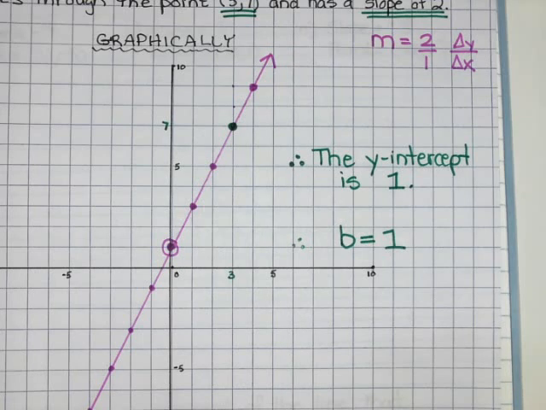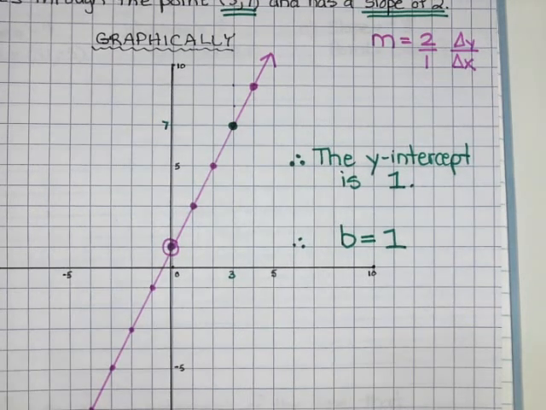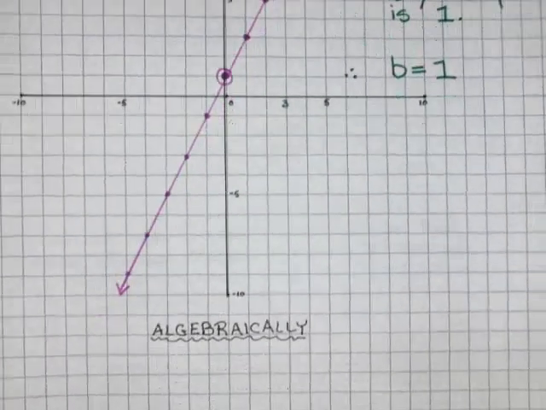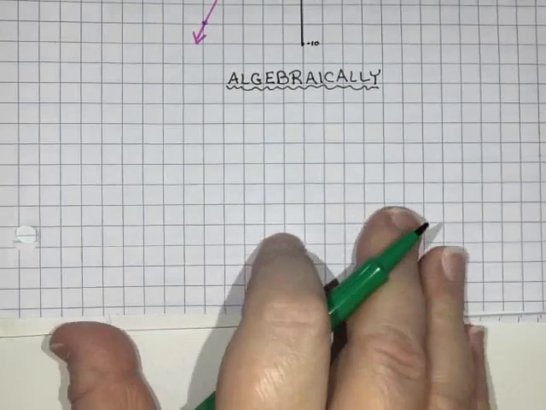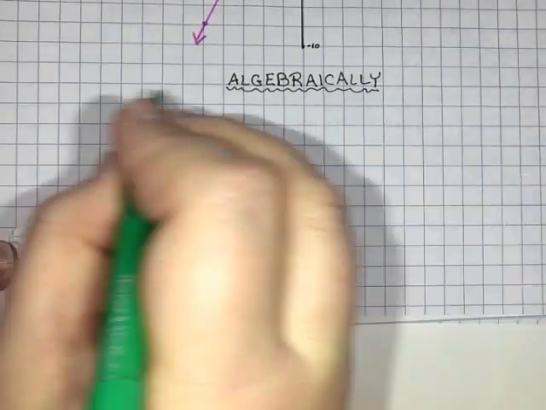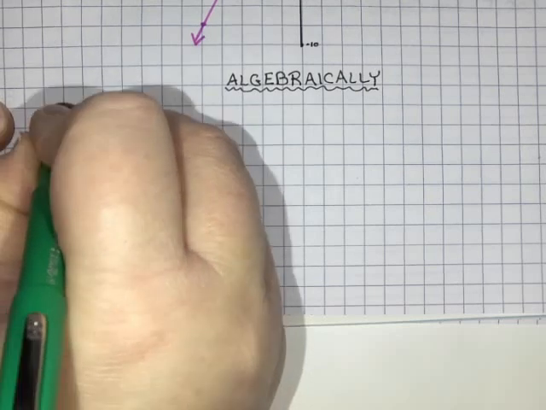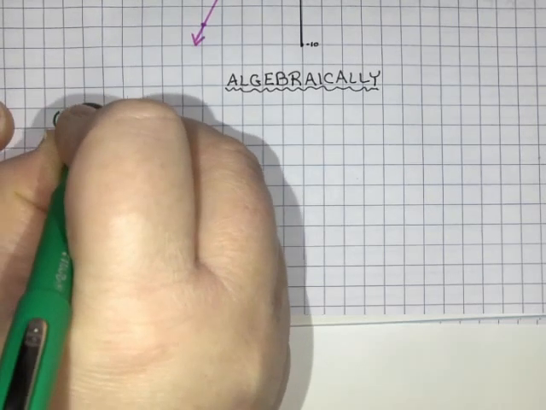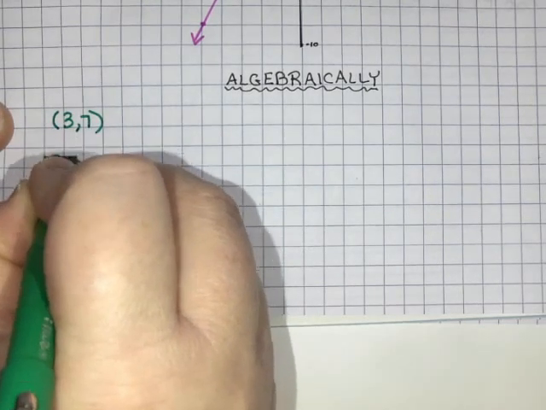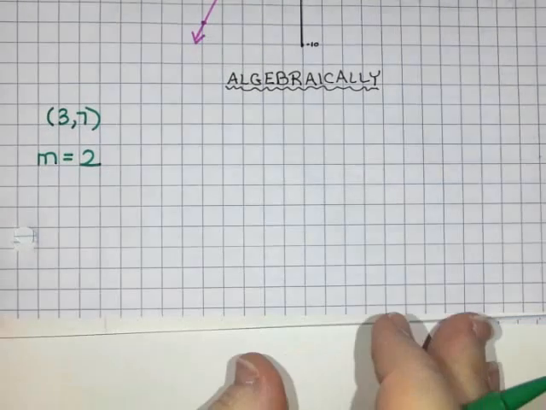Okay, up next, we're going to try the same thing, but we're going to try to do it with algebra and calculations instead of with a graph, because sometimes the numbers are too big to graph, or you just don't have graph paper. So if I want to do the same question, but algebraically, I am just going to rewrite down so I can see them, that the point is (3, 7), and the slope is 2.